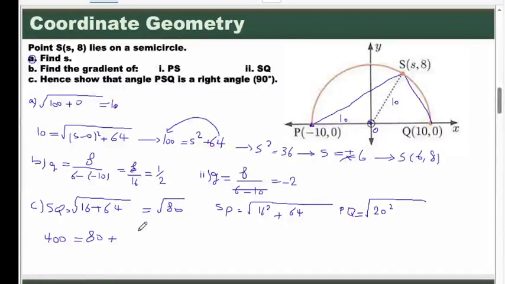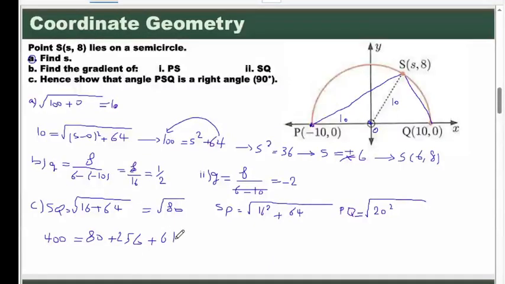SP to the power of 2 is 16 to the power of 2, that's 256, plus 64. If I add up 80 plus 256 plus 64 gives me 400.